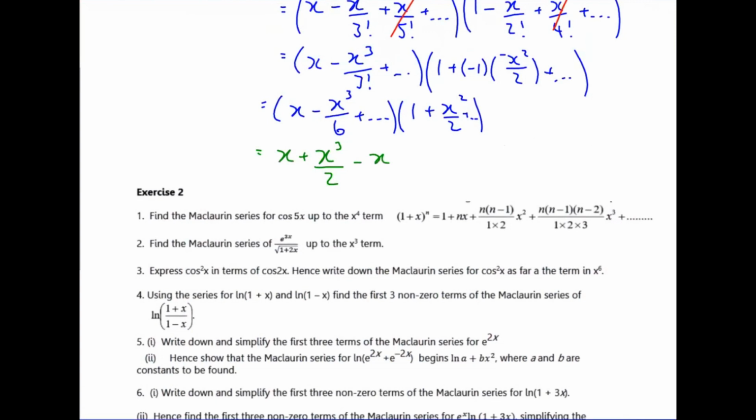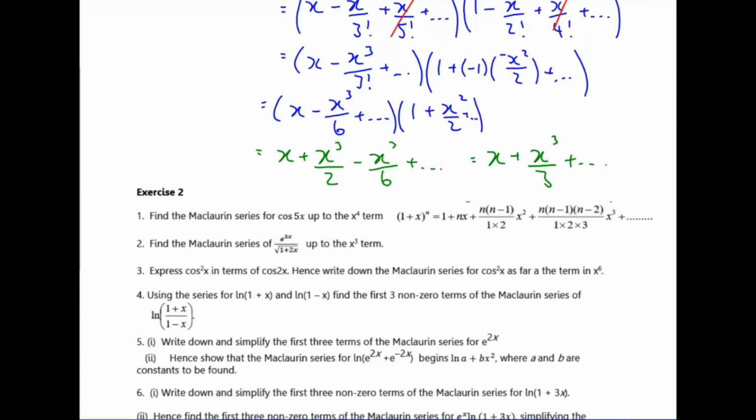And then I'm going to do minus x cubed over 6, and then that's it. Because x cubed times x squared is x to the 5, that's too big. Tidying this up, that will give me x plus x cubed over 3, if you do your half minus a sixth. And that's your expansion for tan up to your x cubed term.